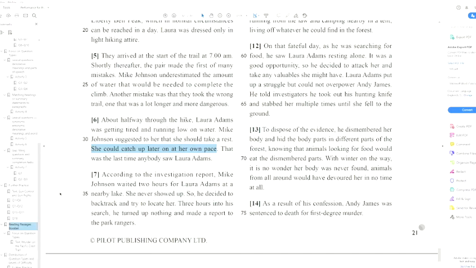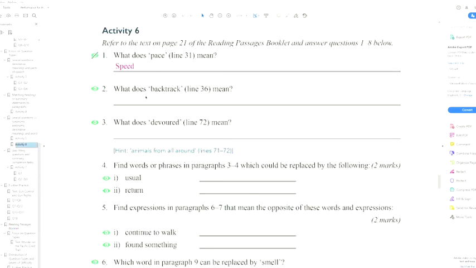So Mike Johnson is ahead of her. And he never saw her, so he backtracked. So that means to go back, retrace footsteps.